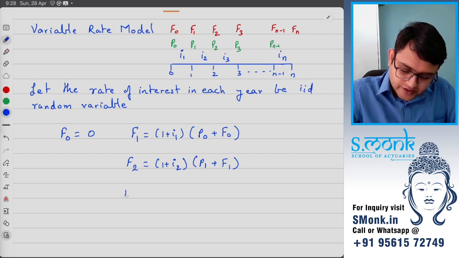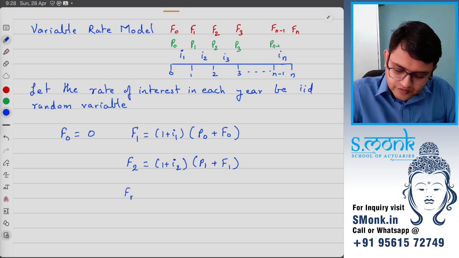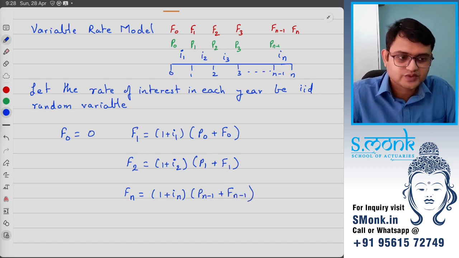So similarly, a general term, fund at time n would be 1 plus In into Pn minus 1 plus Fn minus 1.